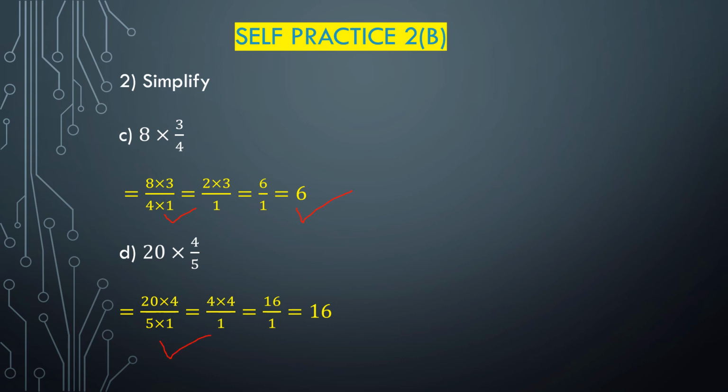We can cancel 5 with 20, that is 4. So we can write 4 multiplied with 4 divided by 1. 4 multiplied with 4 is 16. 16 divided by 1 is 16. So we get 20 multiplied with 4 divided by 5 is 16.